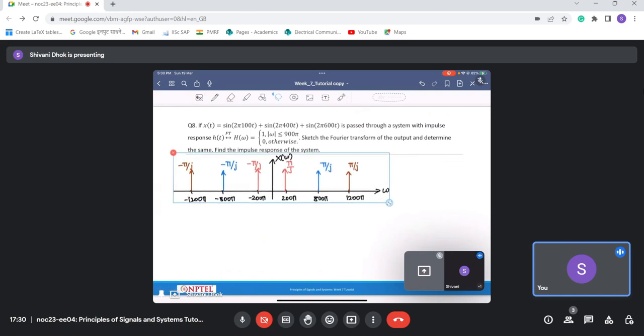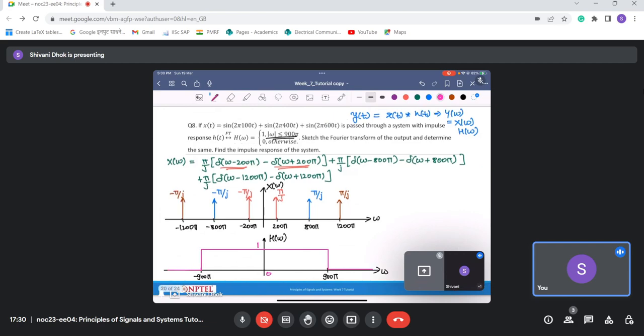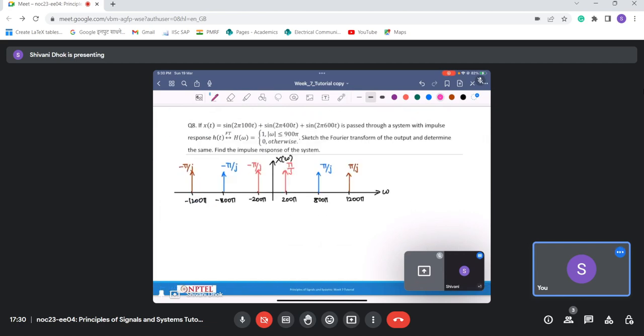So this is X of omega that we are having, and I'll again just superimpose H of omega in the same diagram.